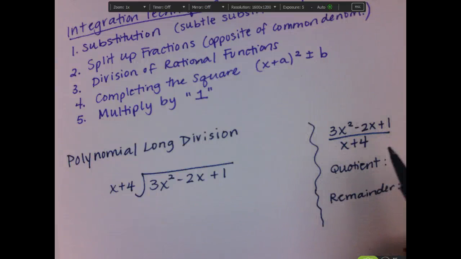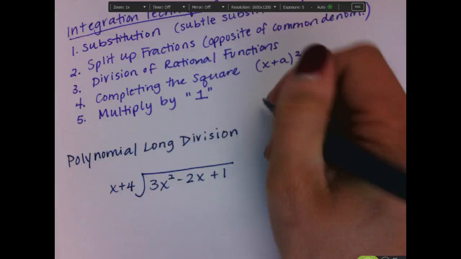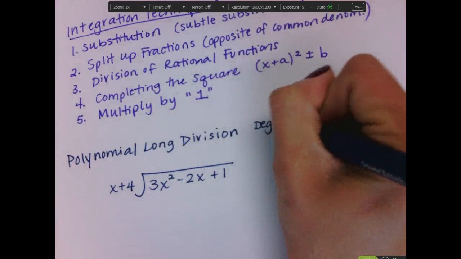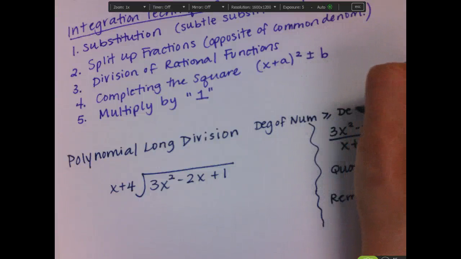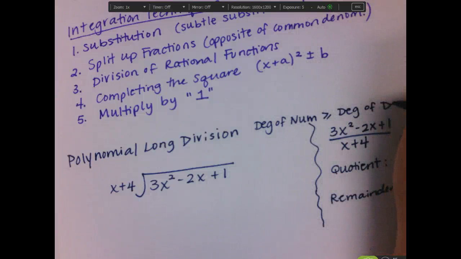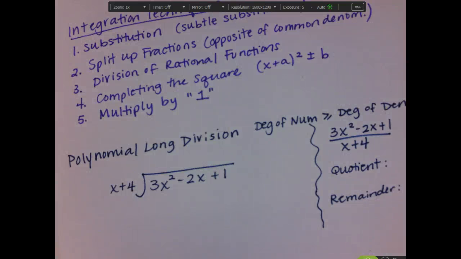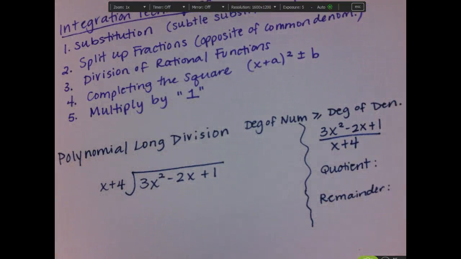But the other thing that I want to remind you of in this case is that the degree of the numerator must be greater than or equal to the degree of the denominator in order to perform this algebraic process.